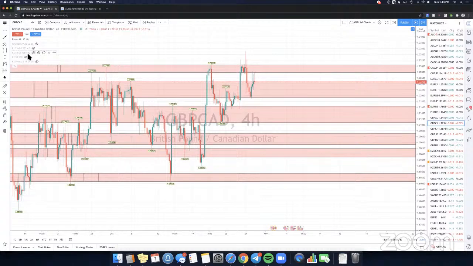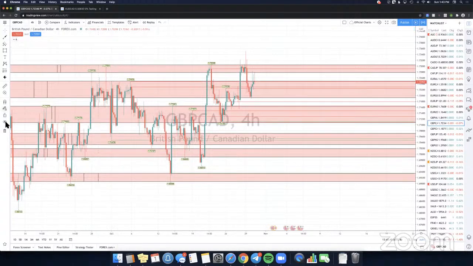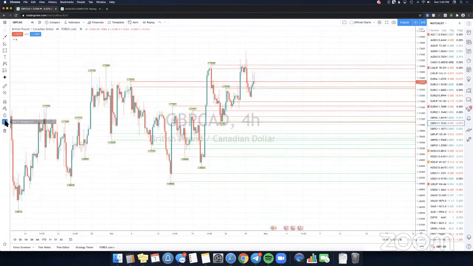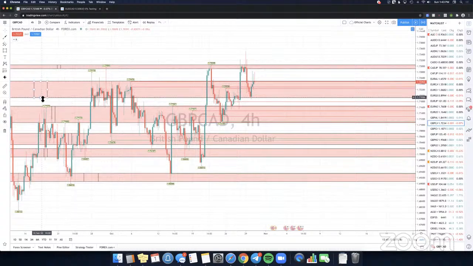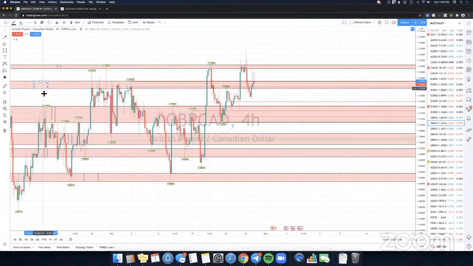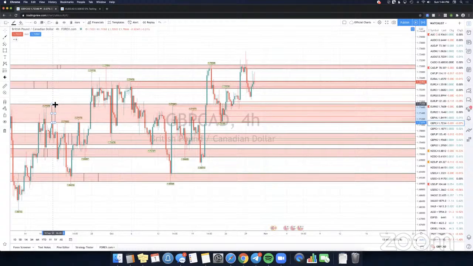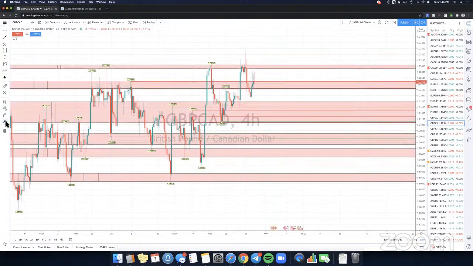Let's see if these zones line up with last week. So this zone got a little tighter. Move this up a little bit. This zone got a little tighter as well. This zone got a little wider. All right, cool. So everything lines up perfectly as it did last week.